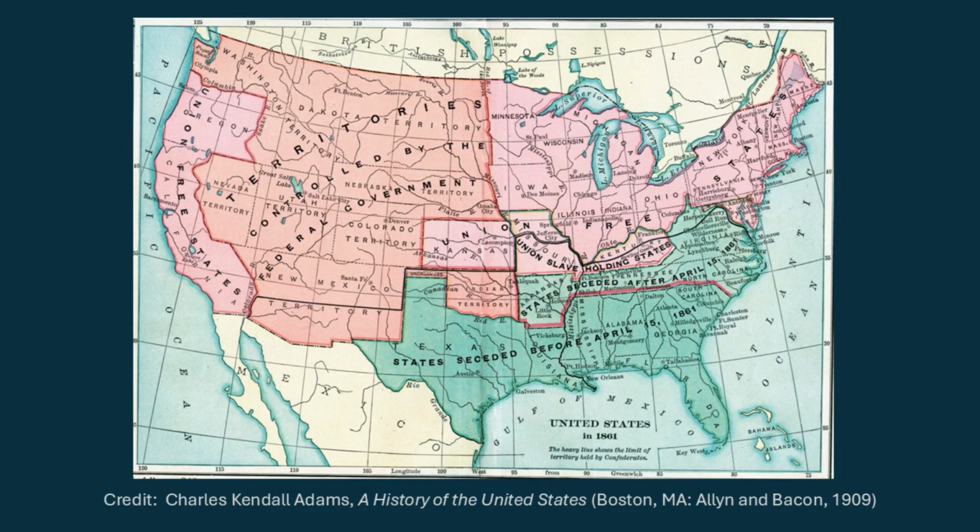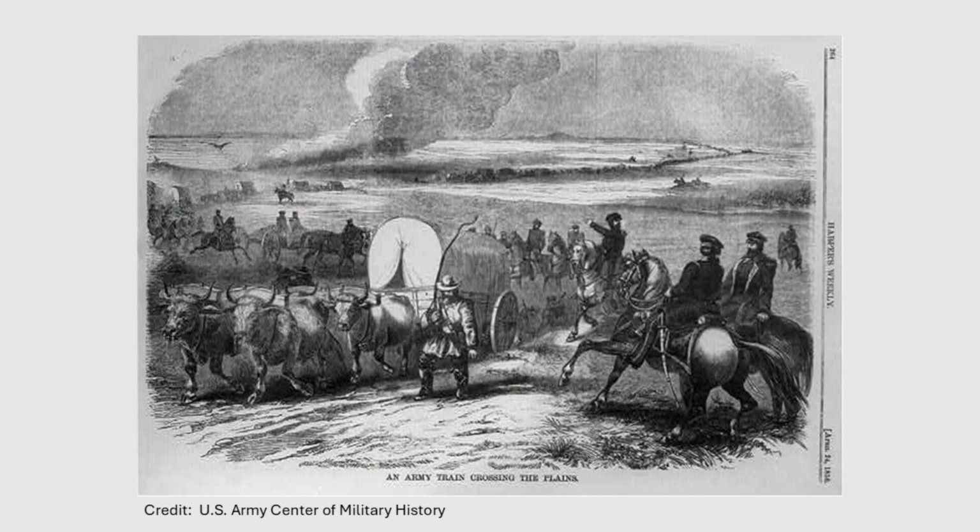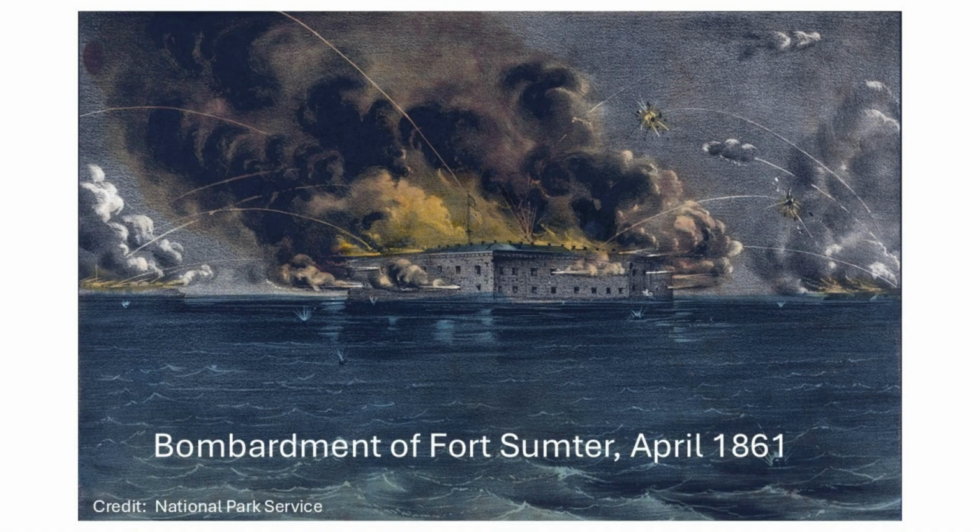That was a mammoth task. For in early 1861, the U.S. Army had only 16,000 troops, scattered across the country at 79 posts. It was a frontier army, equipped to combat Indians, not Southern rebels.